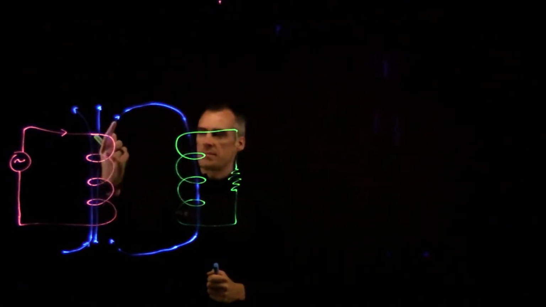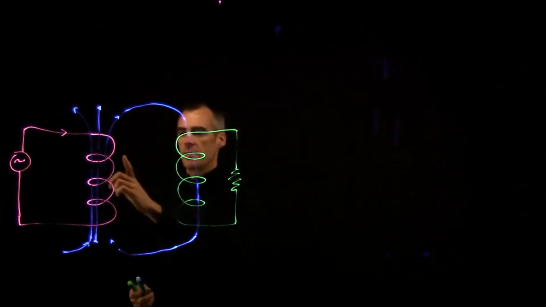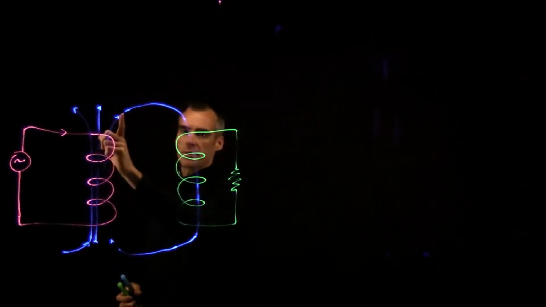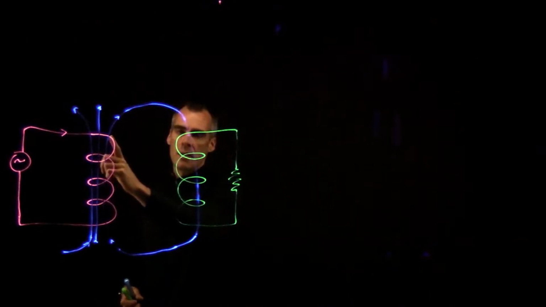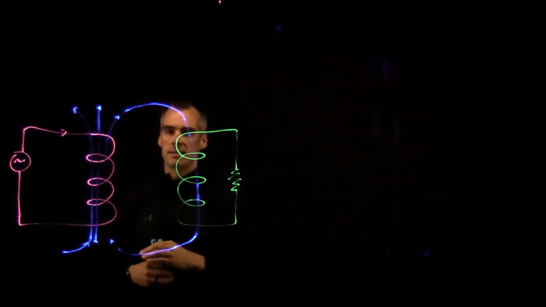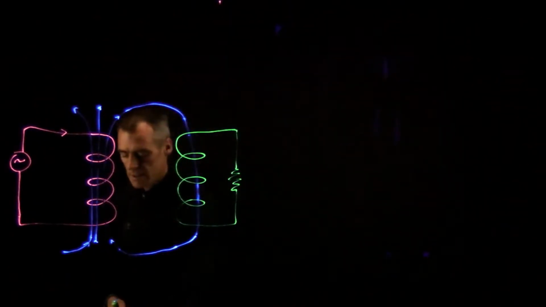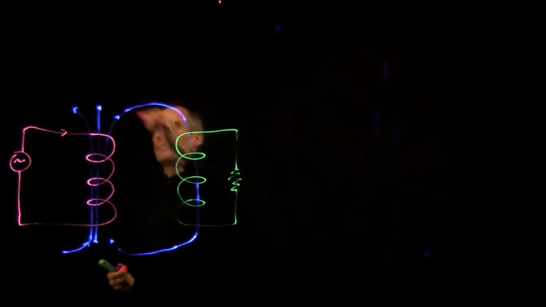Now, the current going around this loop creates this magnetic field, but by itself that is not going to create a current here. This magnetic field is created based on Ampere's law, but Faraday's law isn't quite symmetric, and it doesn't state that this magnetic field is going to cause a current. But let's go ahead and write out Faraday's law because it's still going to be important for us.